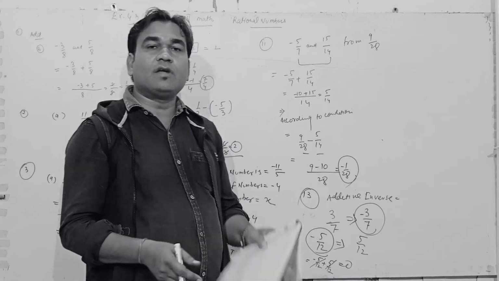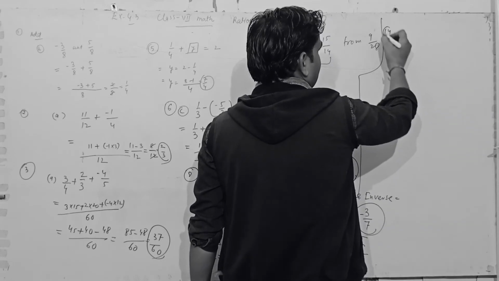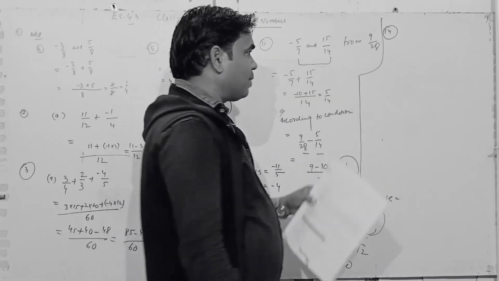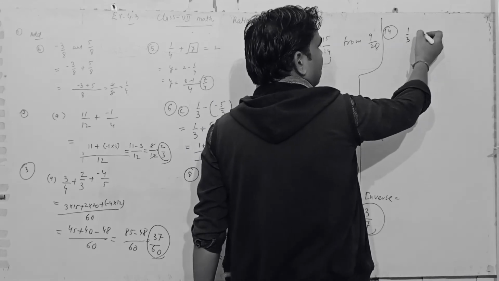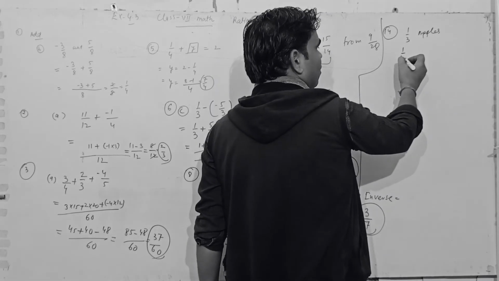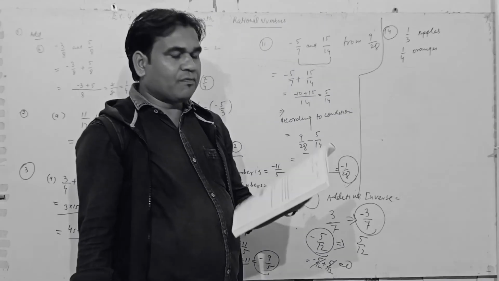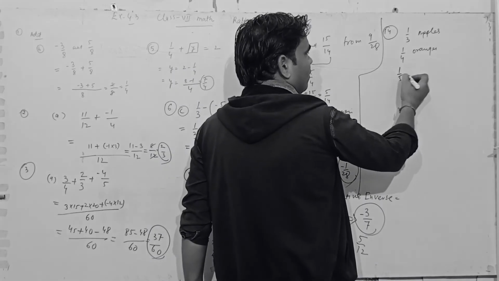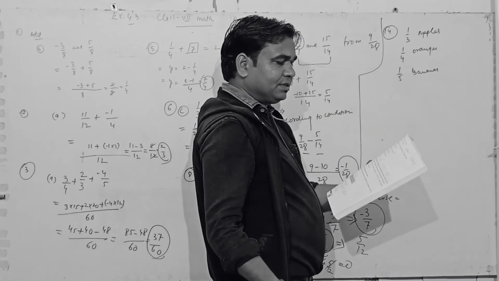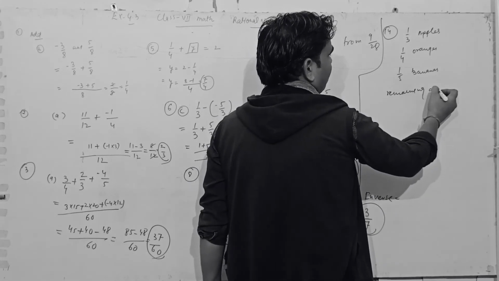Now we take, students, question number 14. So question number 14, you see students, in a basket of fruit 1 over 3 are apples, 1 over 4 are oranges, and 1 over 5 are bananas, and the remaining are mangoes.